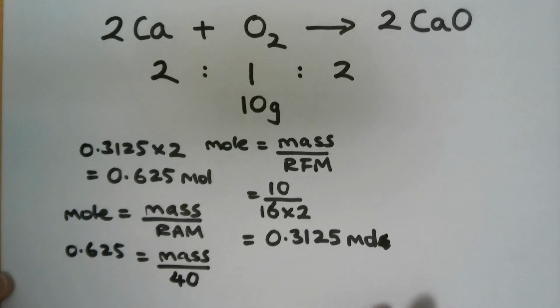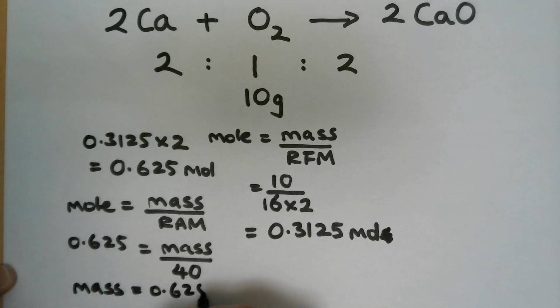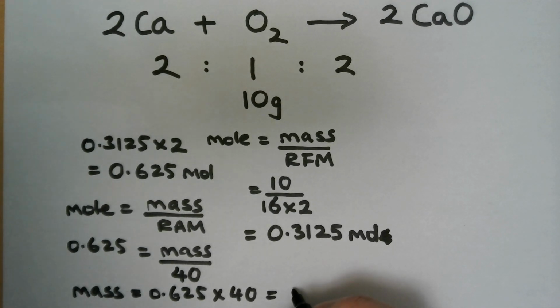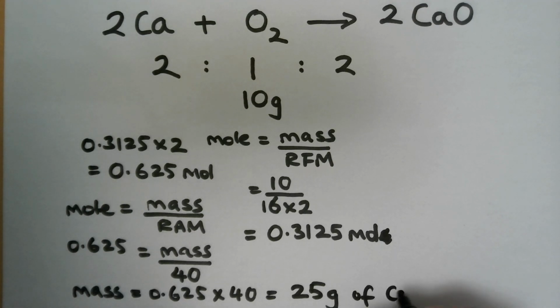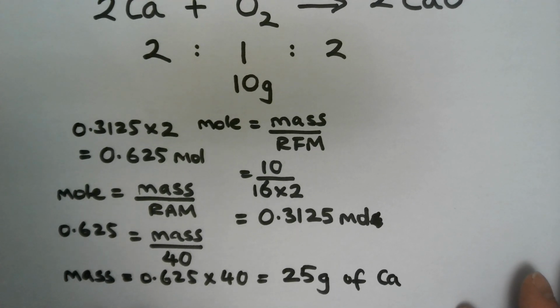So to find the mass of calcium, I take 0.625 multiplied by 40, okay, which gives me an answer of 25 grams. Okay, that's 25 grams of calcium that I need. Hopefully you can see that.